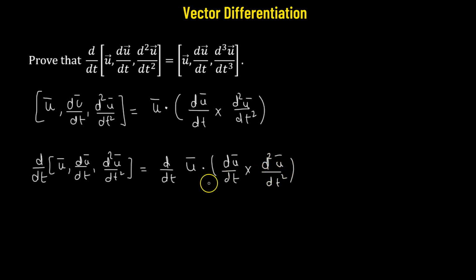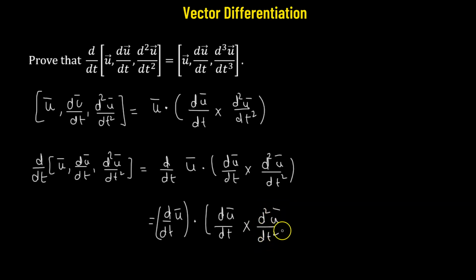Now, using the product rule, we have the derivative with respect to t of u dotted with the derivative of u with respect to t crossed with the second derivative of u with respect to t. Plus, we take vector u dotted with the derivative with respect to t of the cross product, that means the derivative of u with respect to t crossed with the second derivative of u with respect to t.